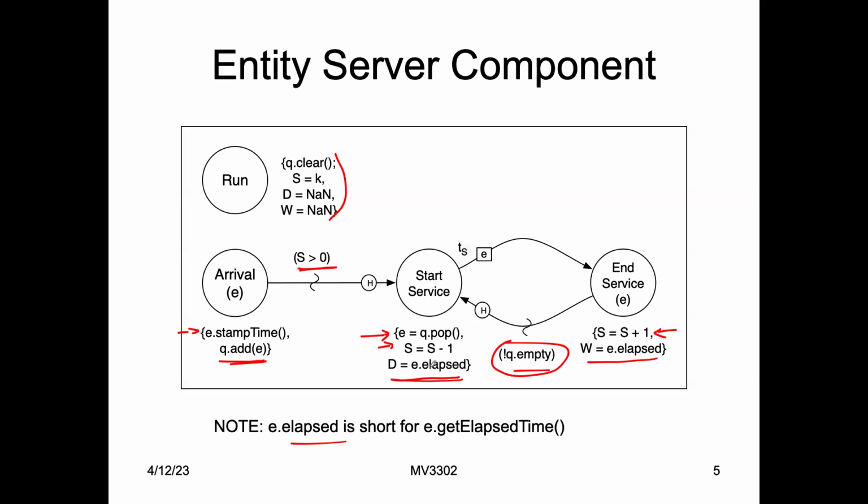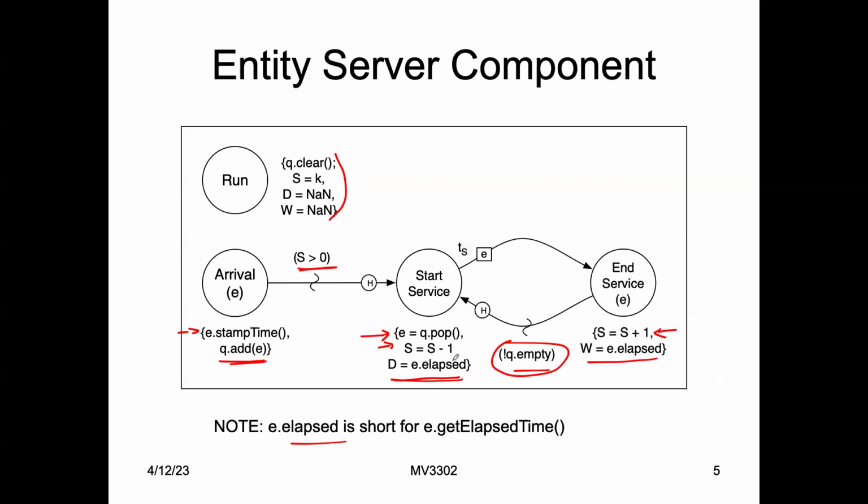So the convention in representing those in event graphs is to pretend they're public instance variables, which as you all know is a state of sin, but they're not actually doing it. So when we implement this, it would be a call to get elapsed time, because you wouldn't be allowed to do this since that variable is private.